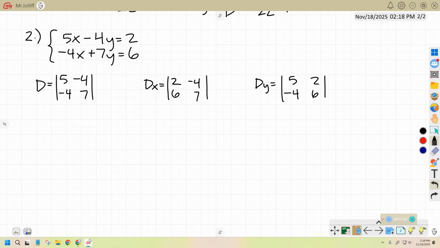Good. Very good. Melanie, how do I find the determinant of D? 5 times 7. Very good. 5 times 7 is 35. 4 times 4 is 16. 35 minus 16 is 24.